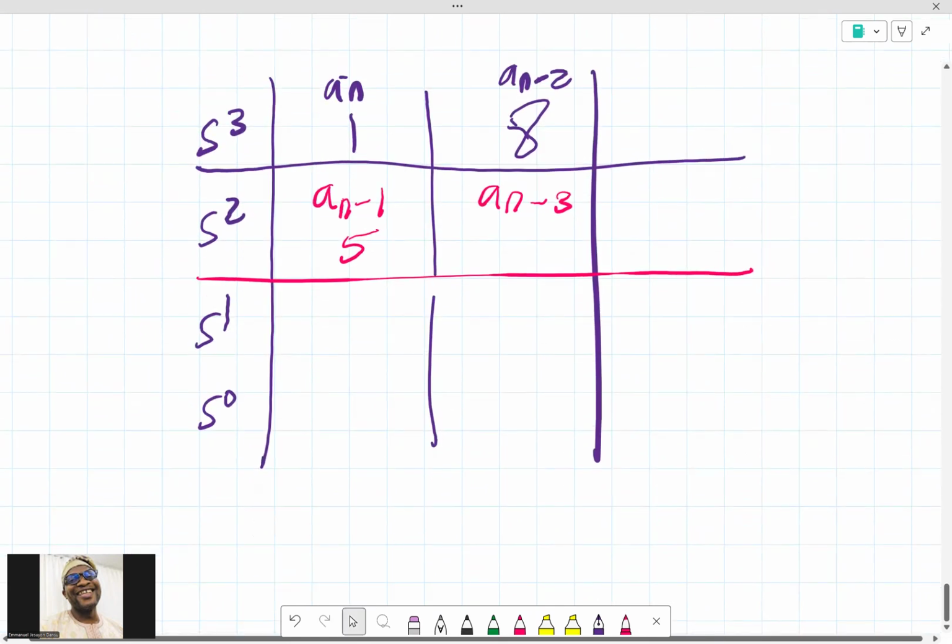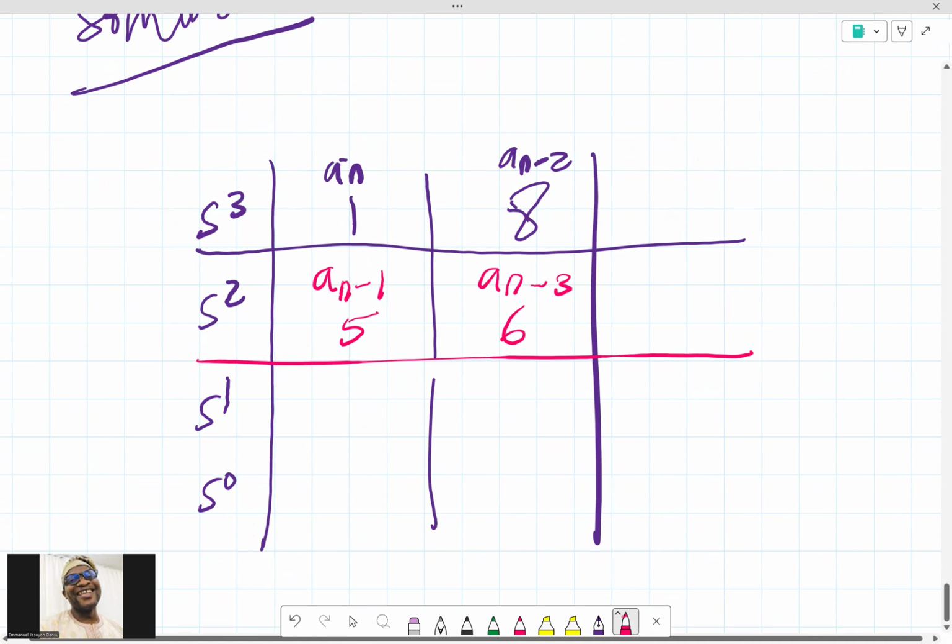So we have a_n-1, a_n-3, and this is 6 right here.